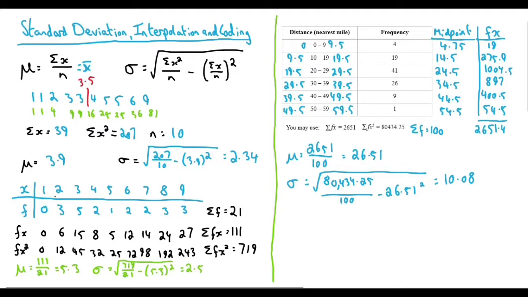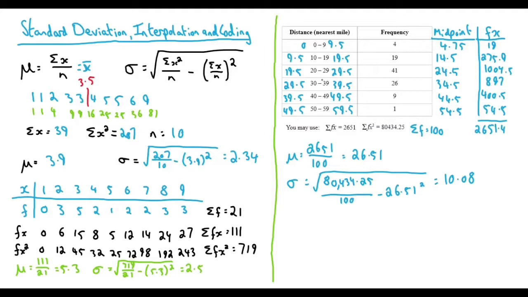Or similarly here, if you needed, you could now start writing all these out and work your way inwards towards the middle. But it's here, with these frequency tables with class widths, that you are most likely to be asked for the median, because this is where we're going to use that method of interpolation.